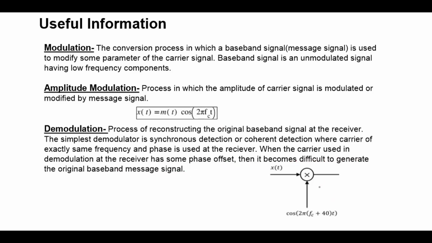The block diagram given in the question is an example of synchronous detection with phase offset because when we compare this signal with the original carrier signal, we see that between these two signals there is a phase difference delta phi of 2π times 40 radians.